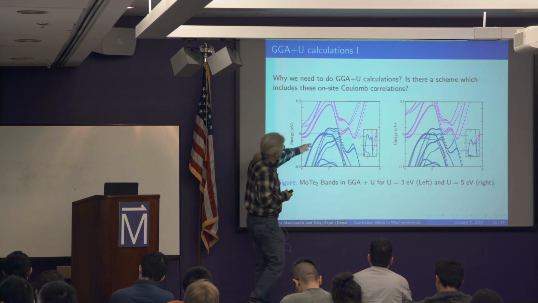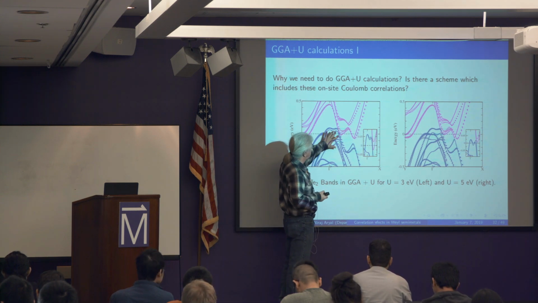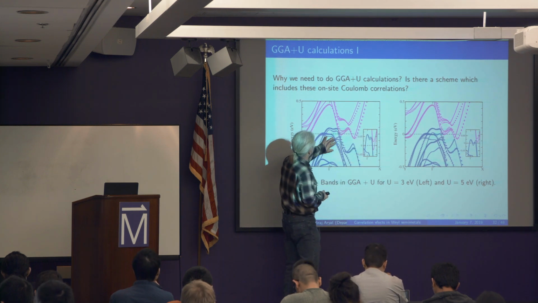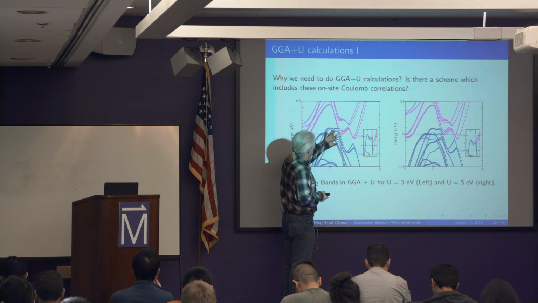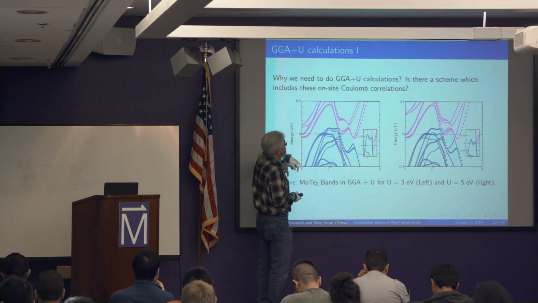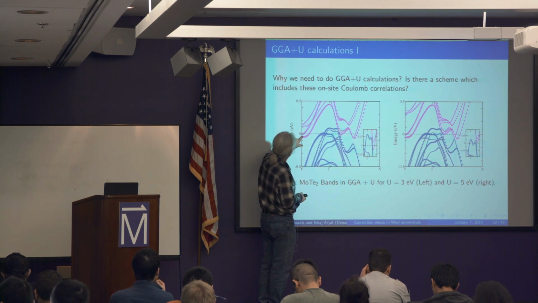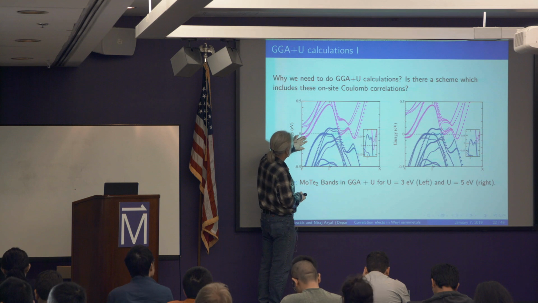So if I introduce u with moderate value of u, let's say you have 3 eV here and 5 eV there, I have some small modification of the bands moving up or down, but one of the big effects is that these dots are u equal to 0, and the solid line is finite u.